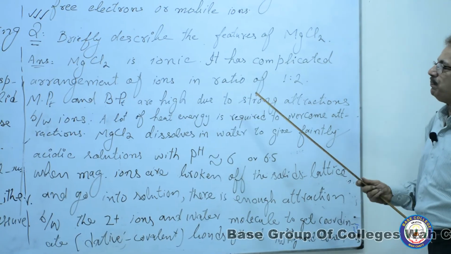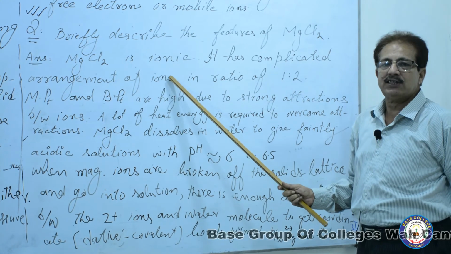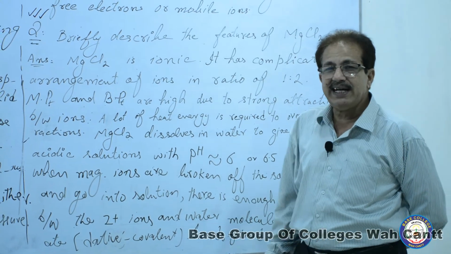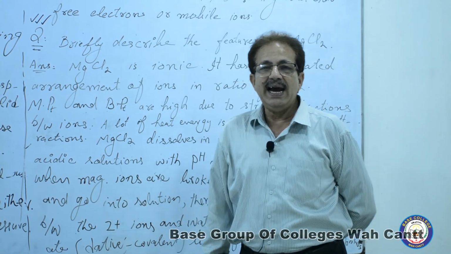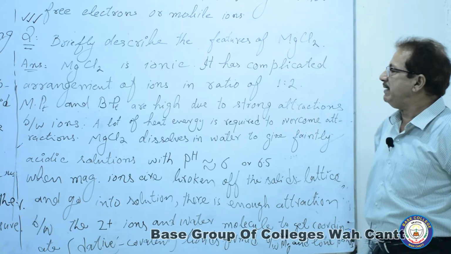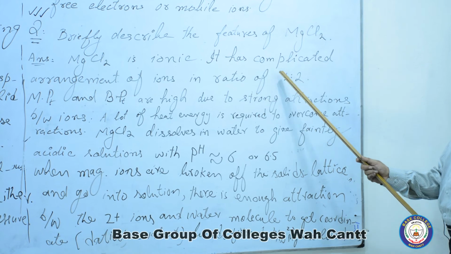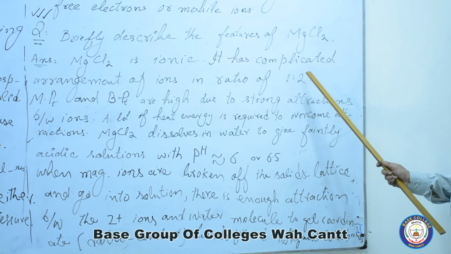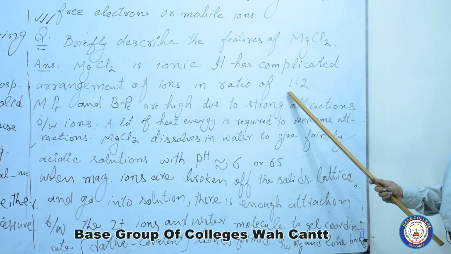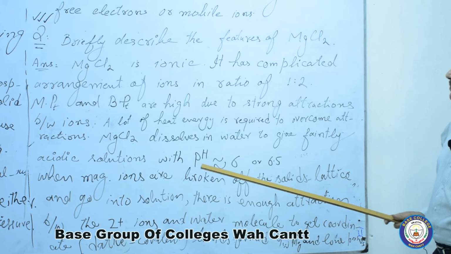It has a complicated arrangement of the ions, and the ratio of combining ions is 1:2. Where there is 1 magnesium, there will be 2 Cl-.